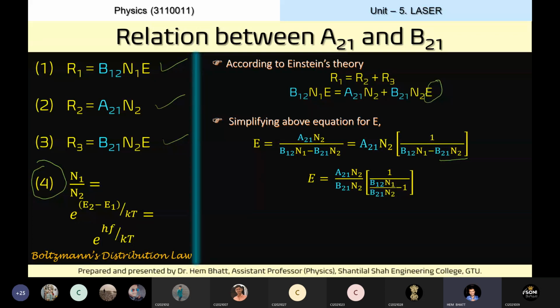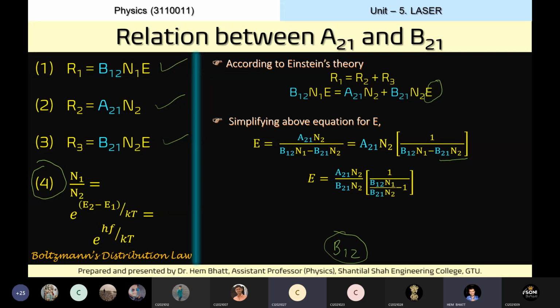Okay, now according to Einstein's theory, B12 શું હતું? I forgot. What is B12? Einstein coefficient of stimulated absorption.